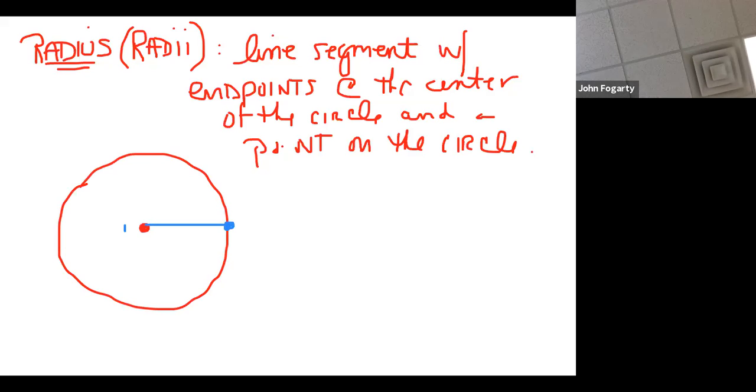This is point C. This is point B. Well, that's circle C, and line segment CB would be considered a radius. Why? Because its endpoints are the center of the circle and a point on the circle. Does everybody understand that?